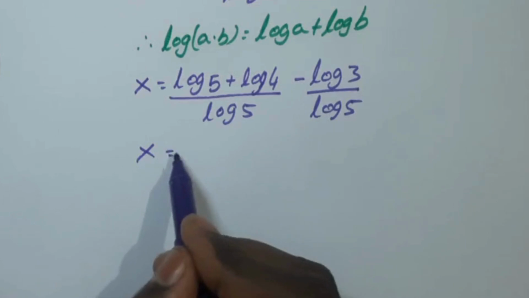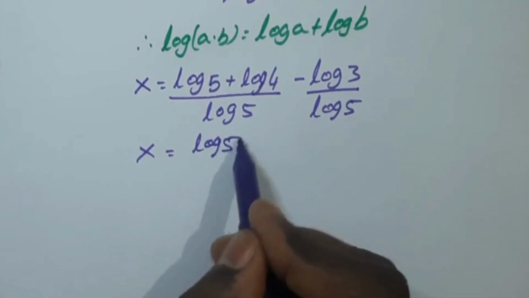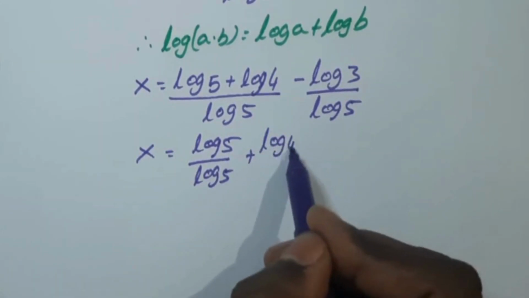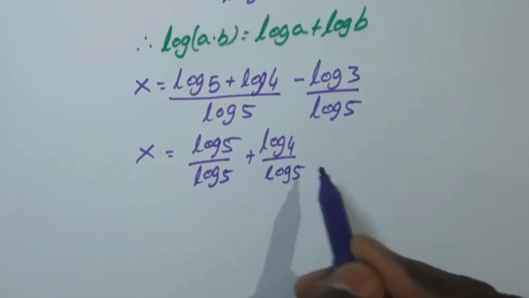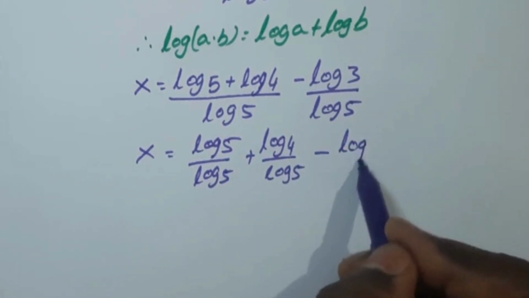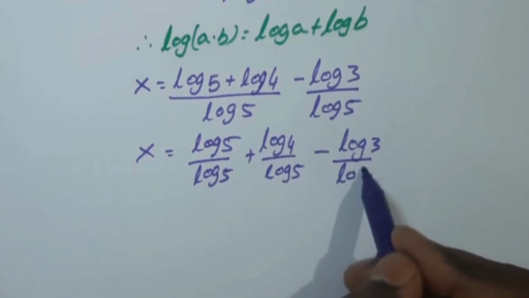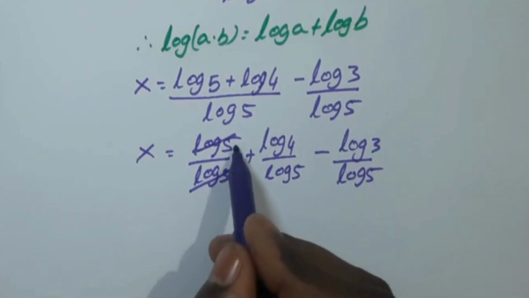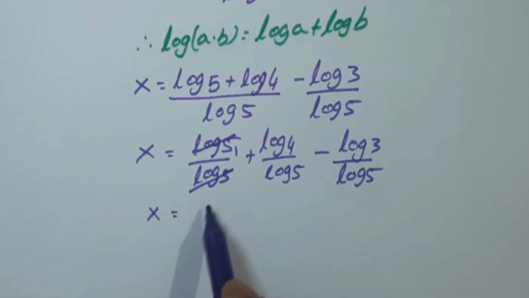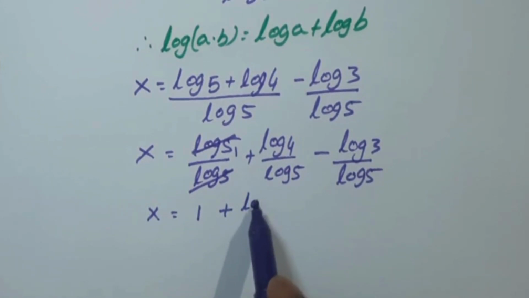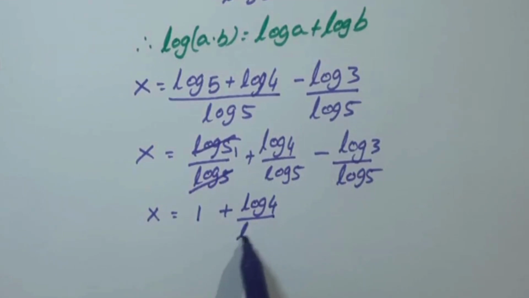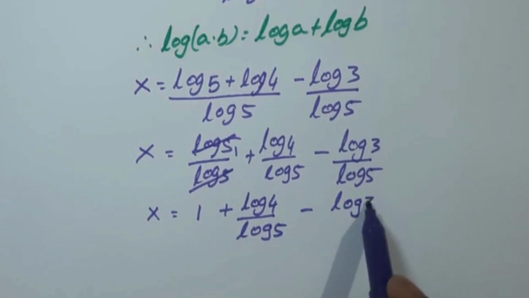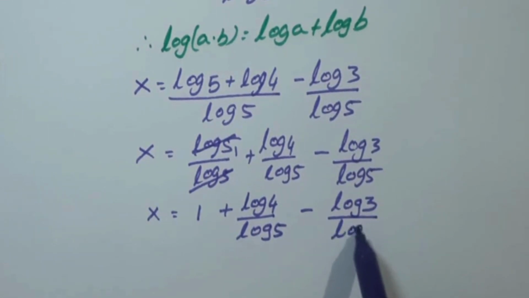So now x equal to log 5 by log 5 plus log 4 by log 5 minus log 3 by log 5. Now this log 5 cancels this. So it is 1. So x equal to 1 plus log 4 by log 5 minus log 3 by log 5.